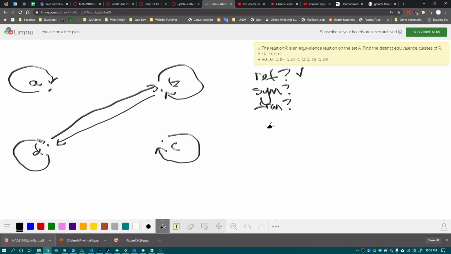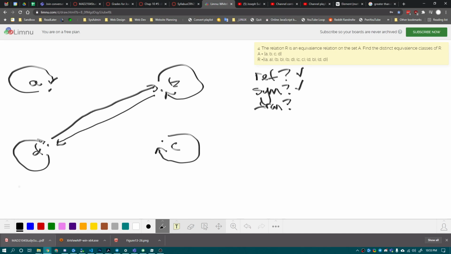So it is reflexive. Symmetric just means every time we have an arrow going in one direction, like from B to D, we have an arrow going in the opposite direction, D to B. And we have that because there's only these arrows here. And transitive means anytime there's a 2-step process, we can create a shortcut. And the only time that's happening is in trivial times.